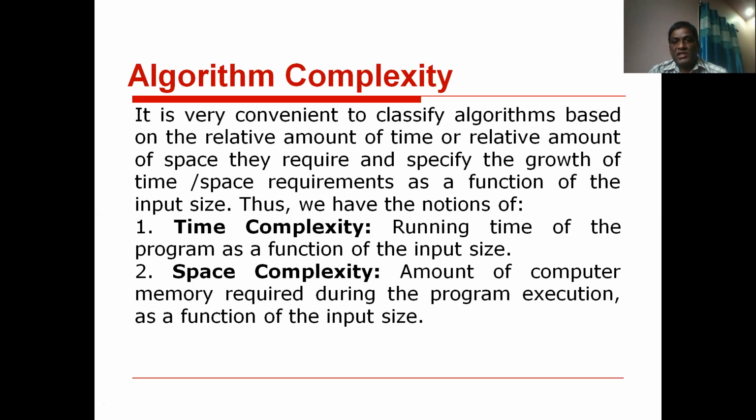Time complexity is nothing but the CPU time required for executing a program, and space complexity is nothing but the amount of computer's memory required for executing your program. So time complexity is the amount of time required by the CPU for executing the program to its completion, and space complexity is the amount of computer's memory required for executing the program to its completion, right?